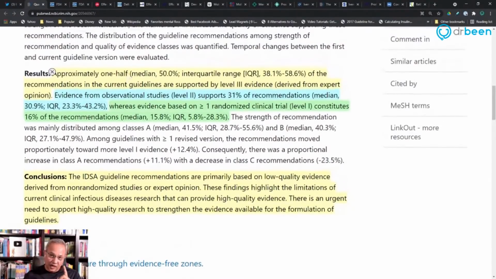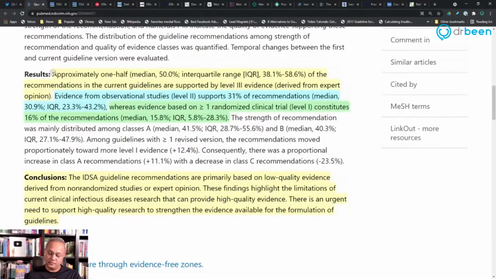Approximately 1/2 of the recommendations in the current guidelines are supported by level 3 evidence derived from expert opinion. 50% of the guidelines are coming from experts saying, I have used this and I think it is working and it is working very well. You should approve it. And that becomes part of the guideline.